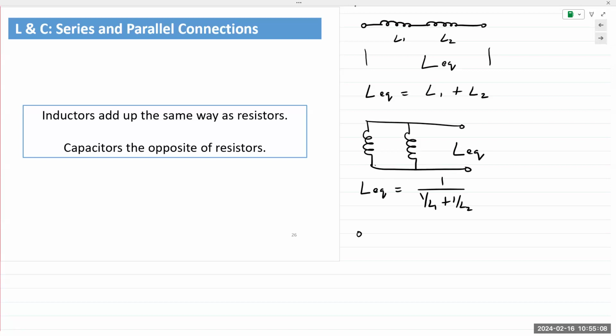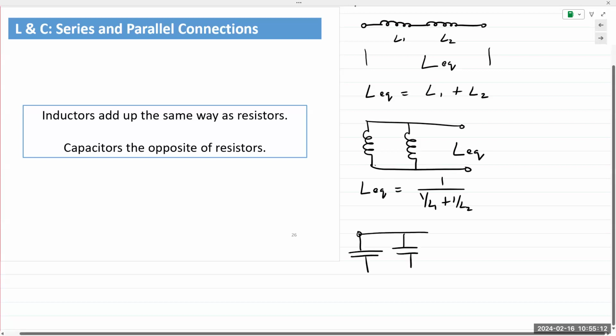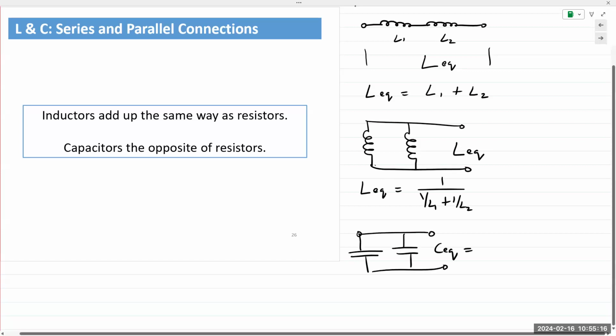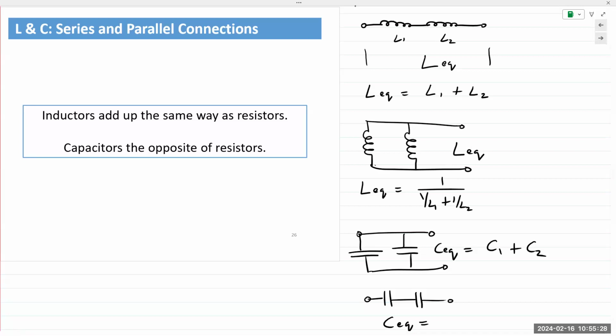Two capacitors in parallel: C_EQ is simply C1 plus C2. And two capacitors in series, they add up the exact opposite.